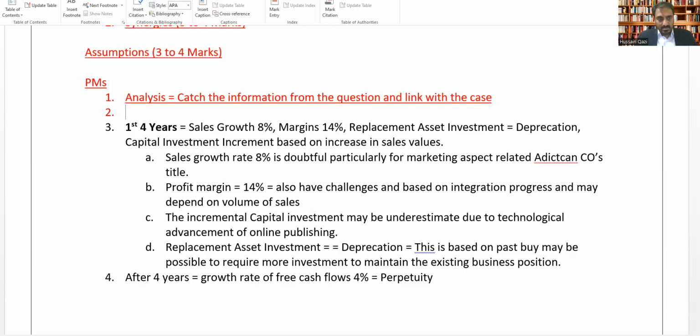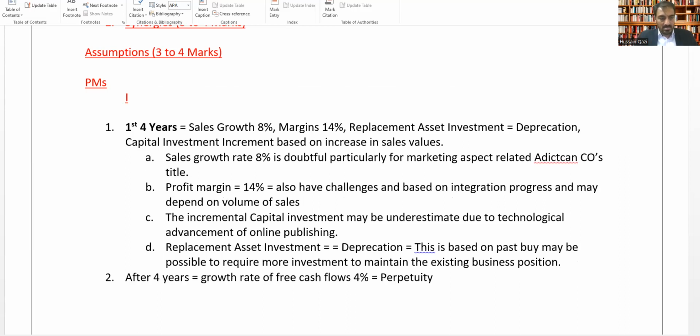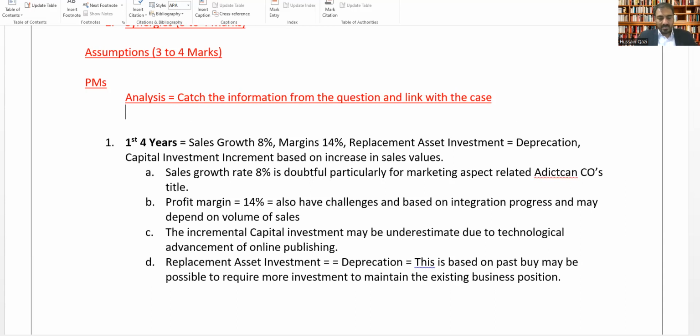Number two, skepticism. Yes, challenge the information. So we have done it.